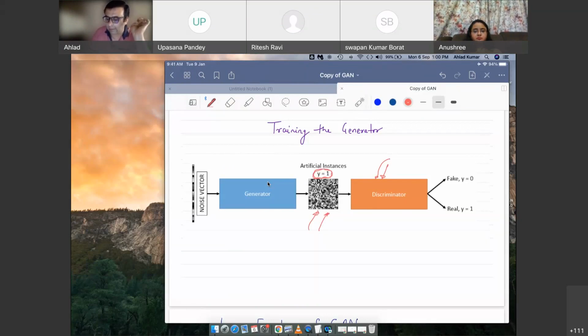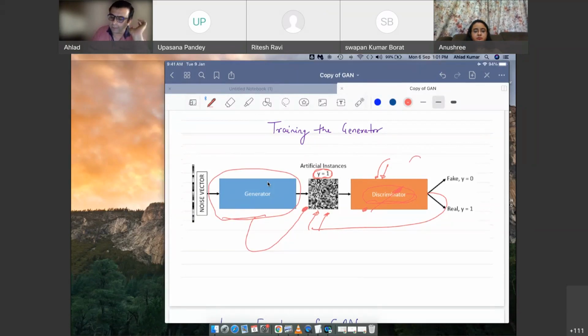Now, if the discriminator makes a mistake in doing this, then the generator is completely trained and proper, because the generator is successful in creating an artificial image which the discriminator was not able to detect.